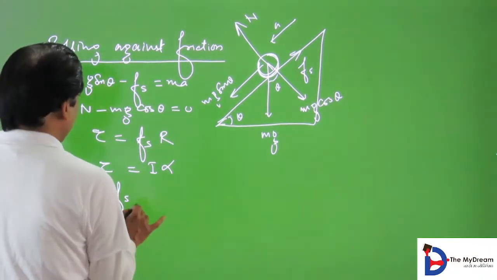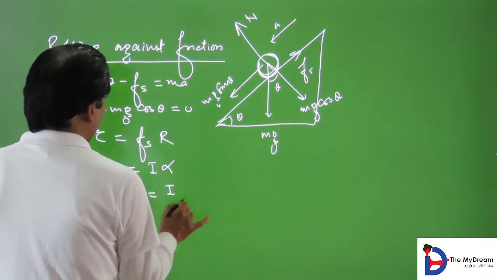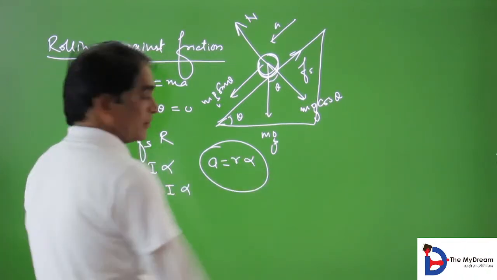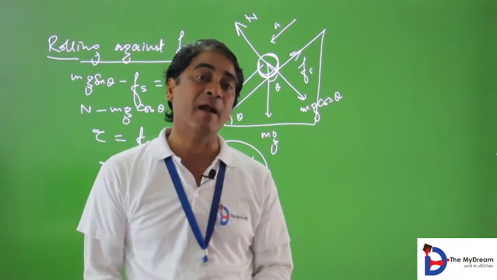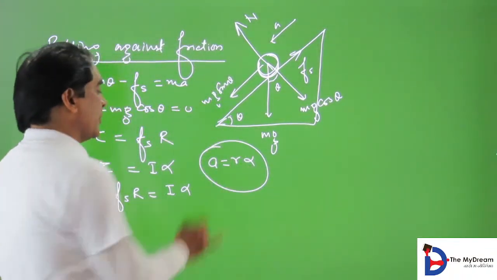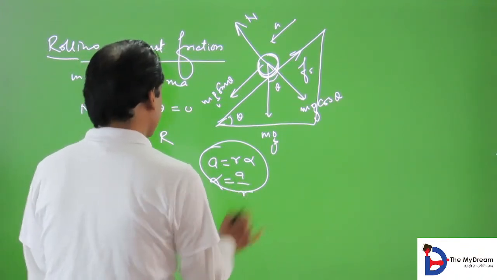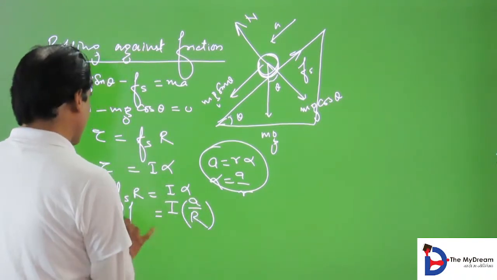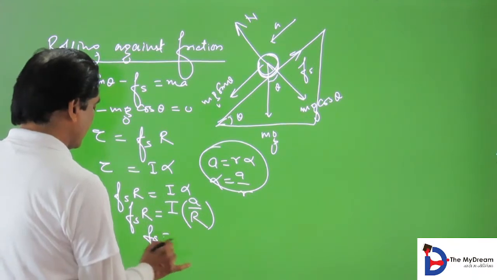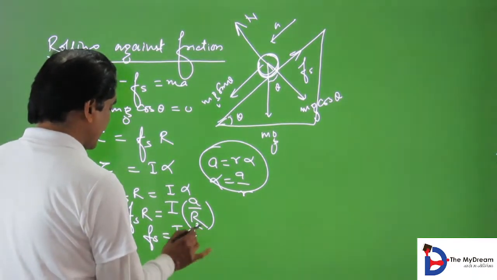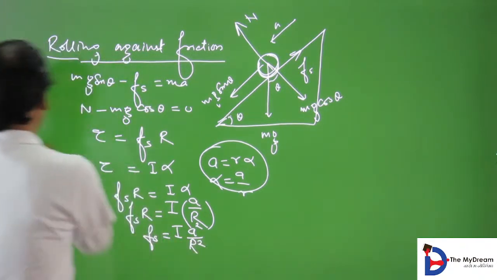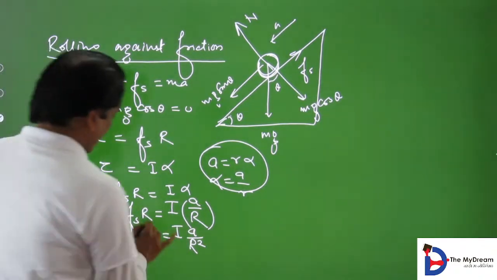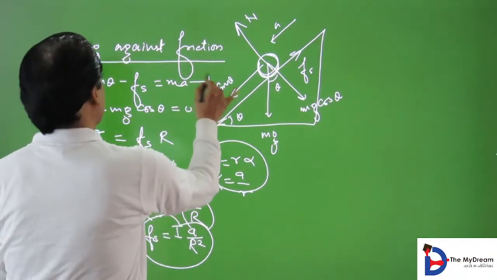So the friction force Fs is equal to I alpha upon R. I told you the relation between the linear and the angular acceleration, a is equal to R alpha, so in place of alpha you can write a by R. Here R is capital R. This is the force of friction. This is the equation first, this one is second.